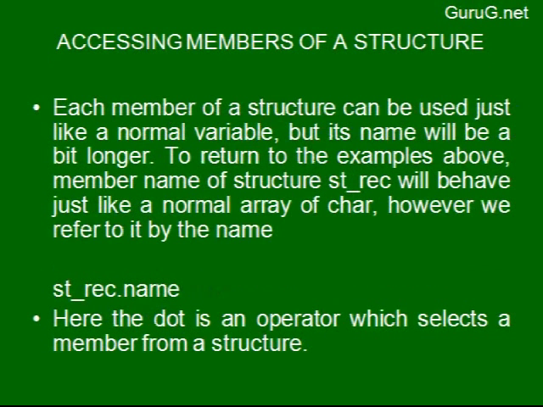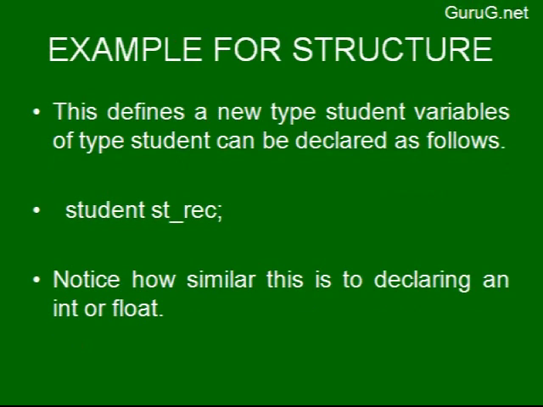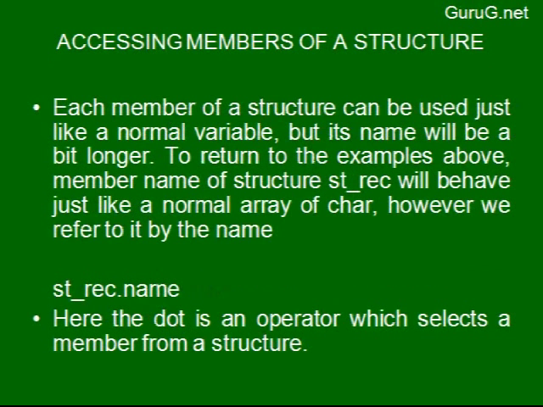Now we are going to see how we access the members inside the function. You will be using either the dot operator or the arrow operator depending upon the declaration of the variable. If you are using a reference variable, then you can go for the arrow operator. Otherwise, if you are declaring it in this particular way, student st_rec, instead of using a reference, then you will be using the dot operator.